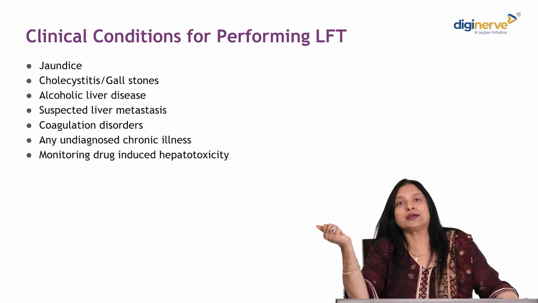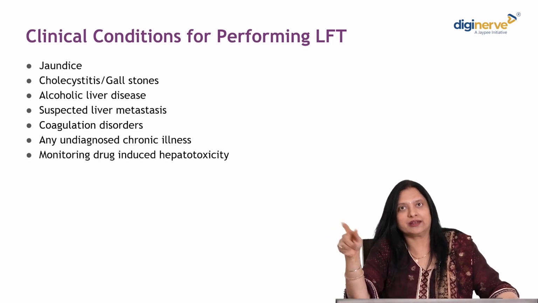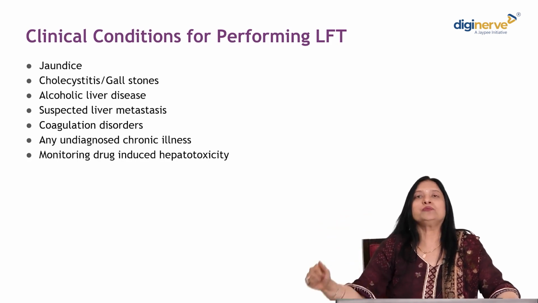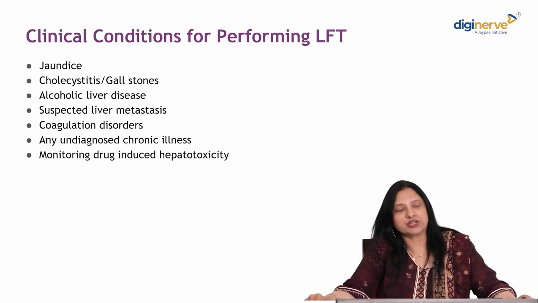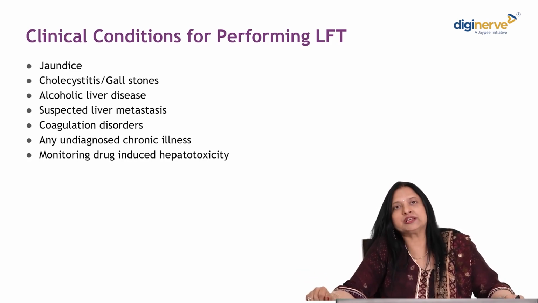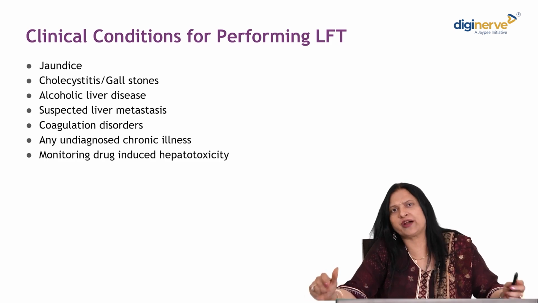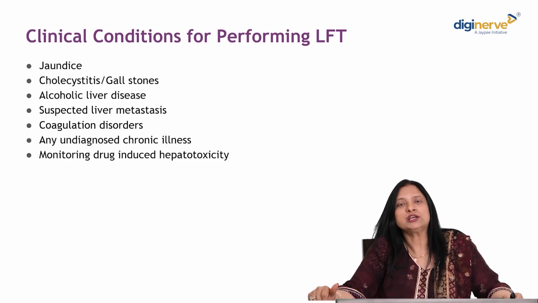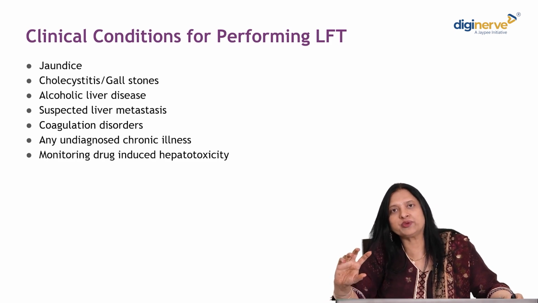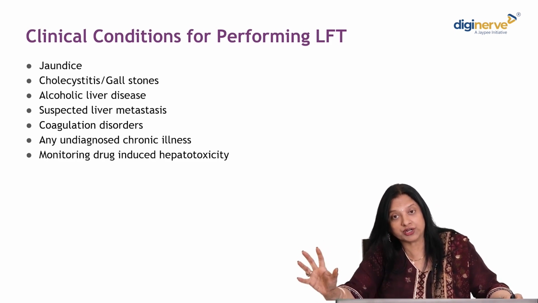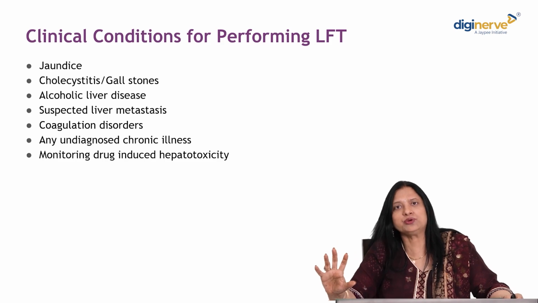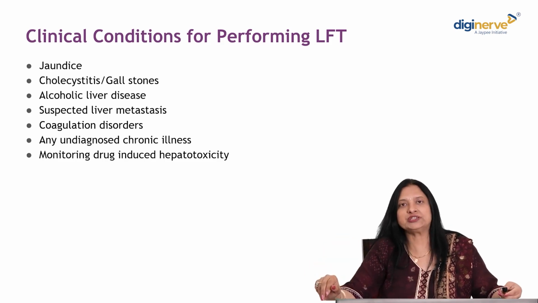Then any undiagnosed chronic illness. Again, LFTs are ordered. And then monitoring drug-induced hepatotoxicity. There are various drugs like INH, rifampicin, statins. They can cause hepatotoxicity. So whenever these drugs have to be given for a longer duration, again we need to look at the liver function tests.